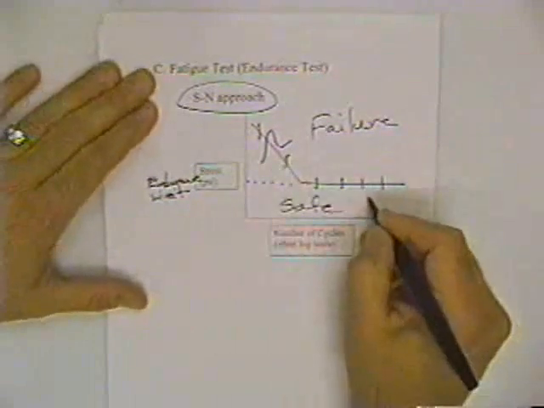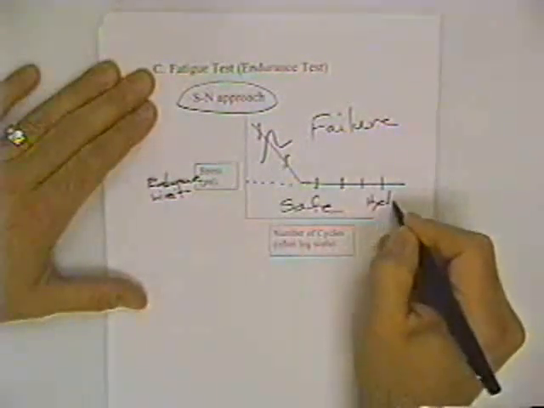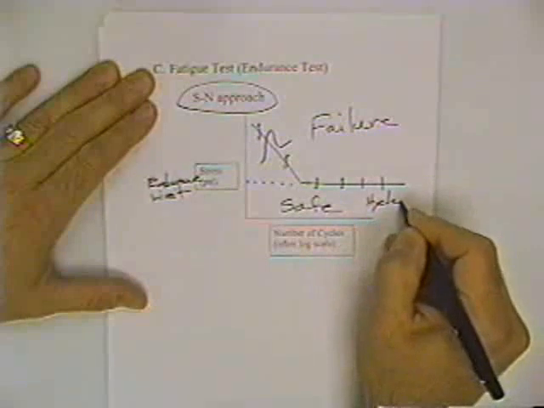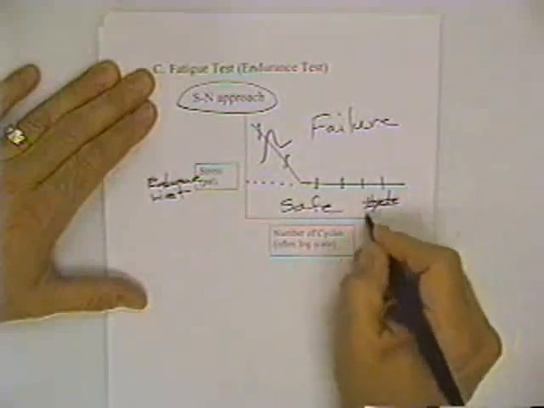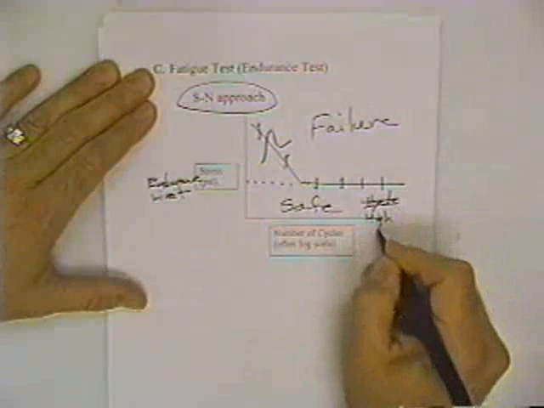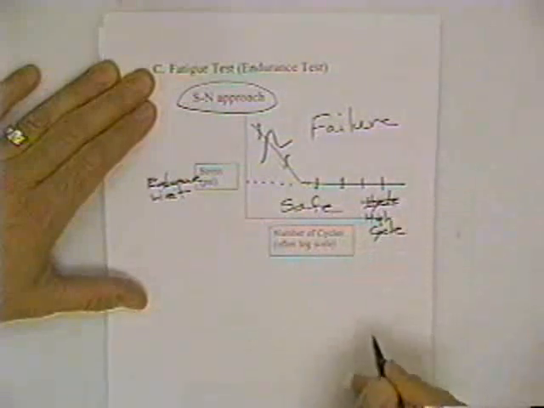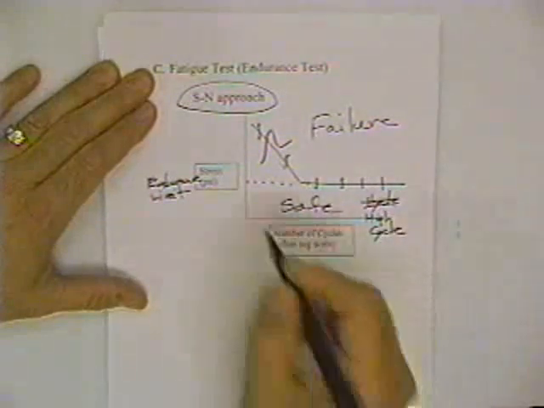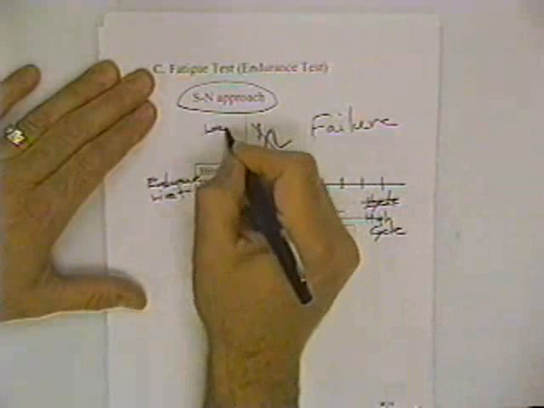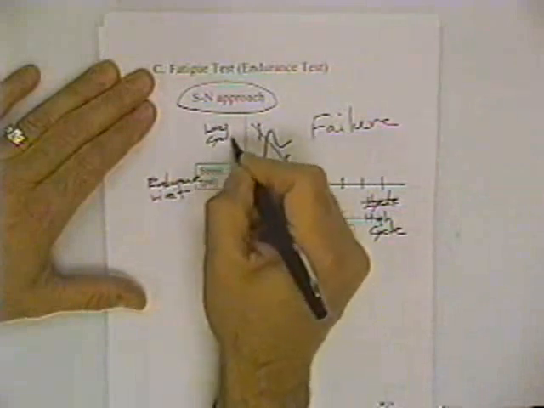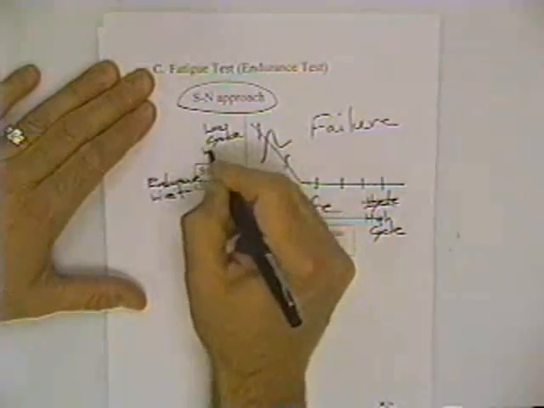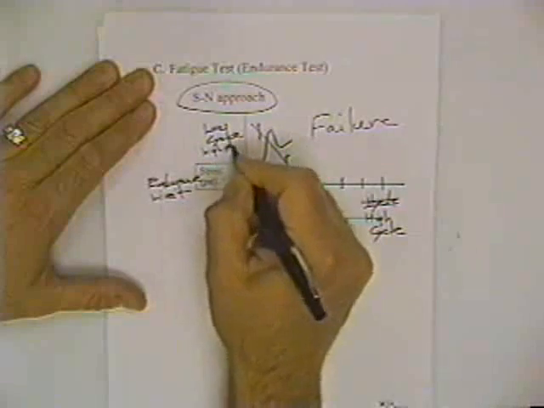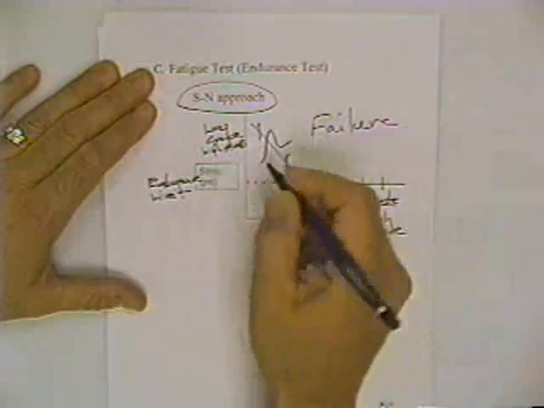This region in here is called high cycle, and that's low stress. This is called low cycle, and it has much higher stress.